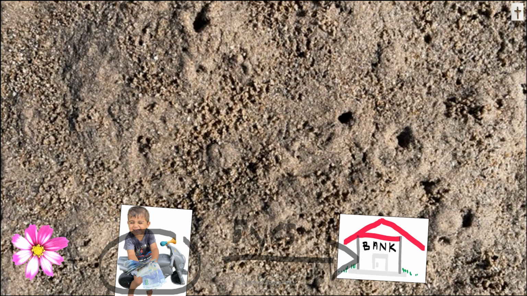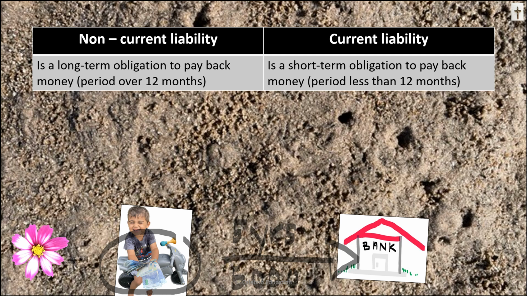So if the scooter costs 5,000, it's actually going to cost you quite a bit more with the interest. So that's a little introduction to liabilities. Caleb Education is liable to pay the bank back over 5 years.